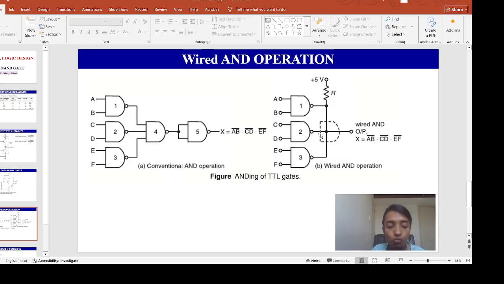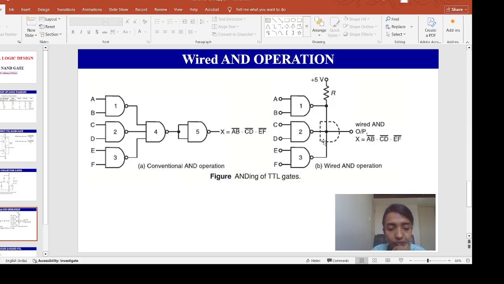And with this, when any of the NAND gate outputs goes to a low state, the common output point also goes to the low state, as a result of its shorting to ground through the on transistor, right?